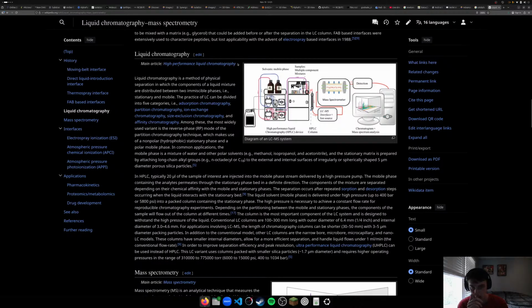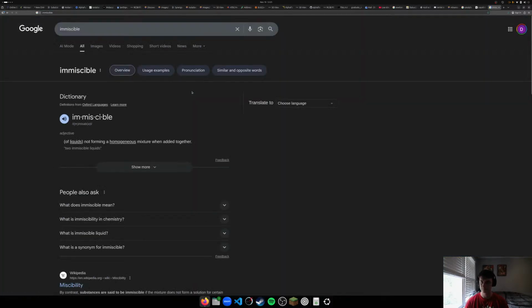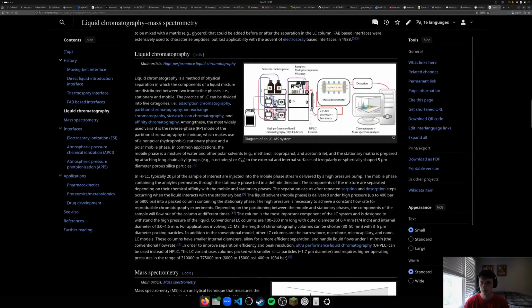All right. It's a method of physical separation in which the components of a liquid mixture are distributed into two immiscible phases so they don't dissolve each other, i.e. stationary and mobile. The practice of LC can be divided into 5 categories. Immiscible, right? Yeah. Absorption.